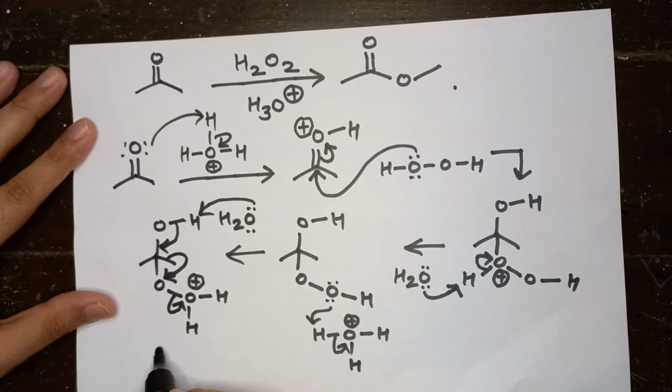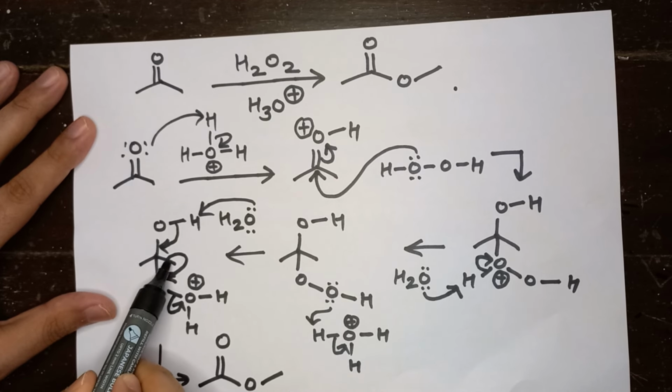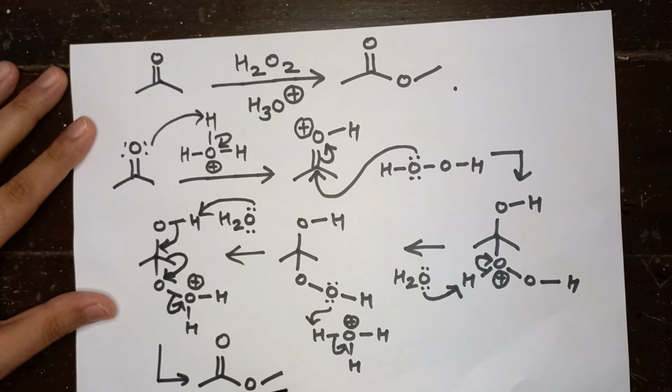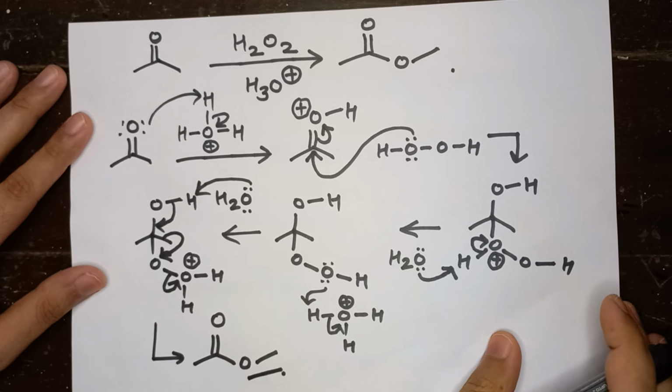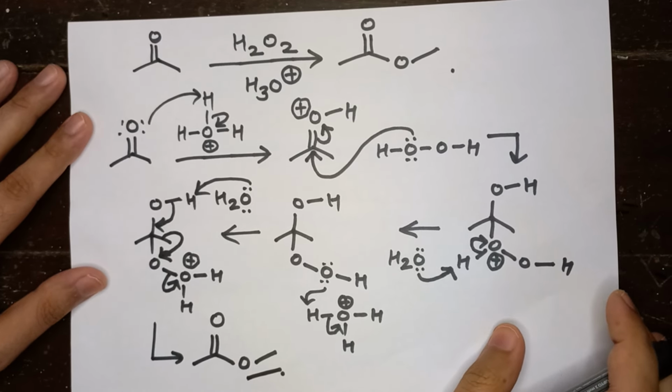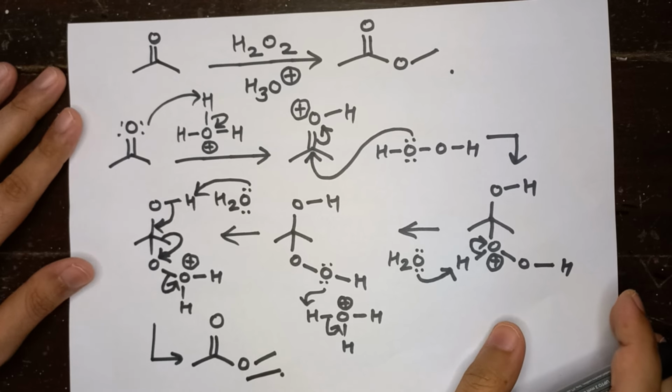So now we have the product we are looking for. We have a carbonyl system, and now this carbon is bonded to oxygen. This is the mechanism of Baeyer Villiger oxidation by using hydrogen peroxide under acidic media.